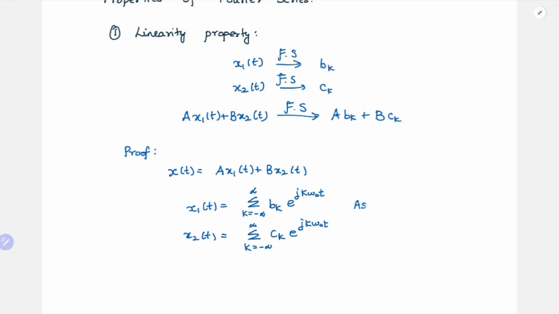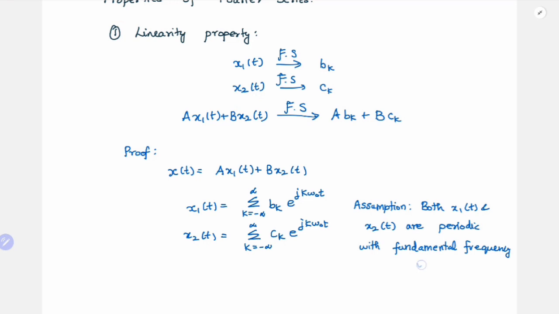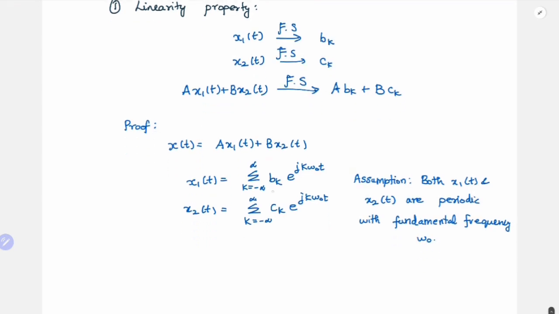And what is the assumption here? Both x1 of t and x2 of t are periodic with time period T naught, with the fundamental frequency omega naught. Then only we can add them directly, correct?